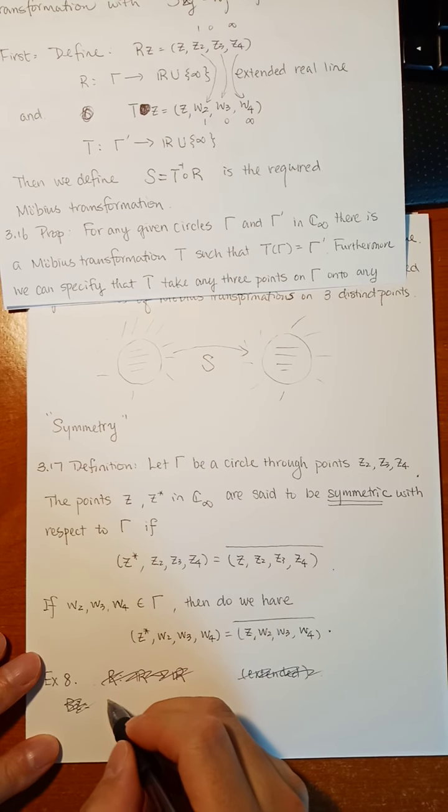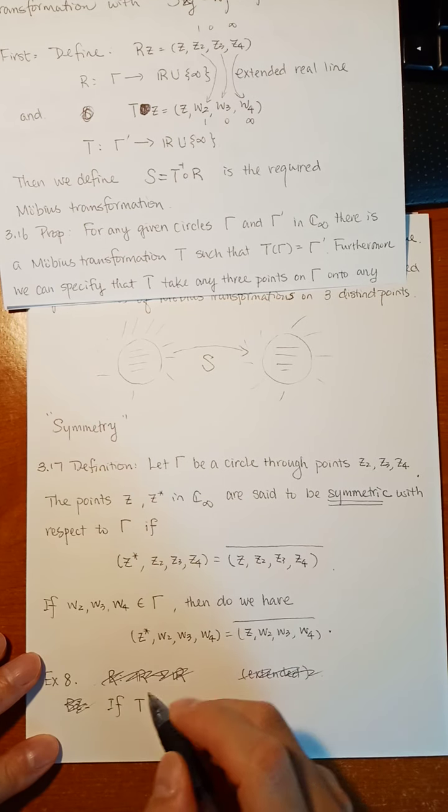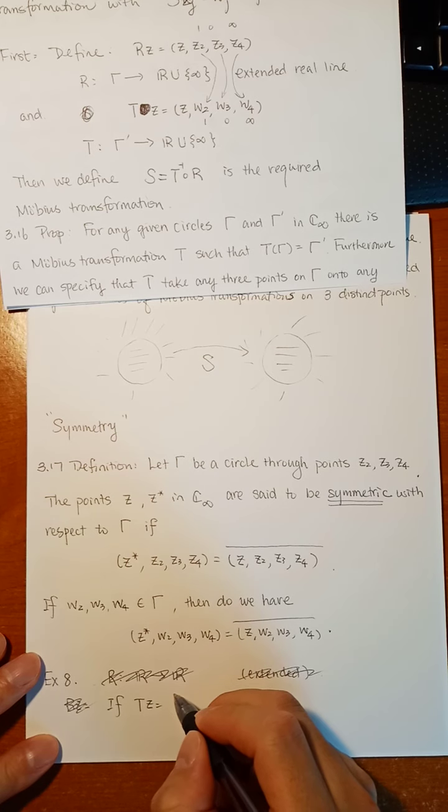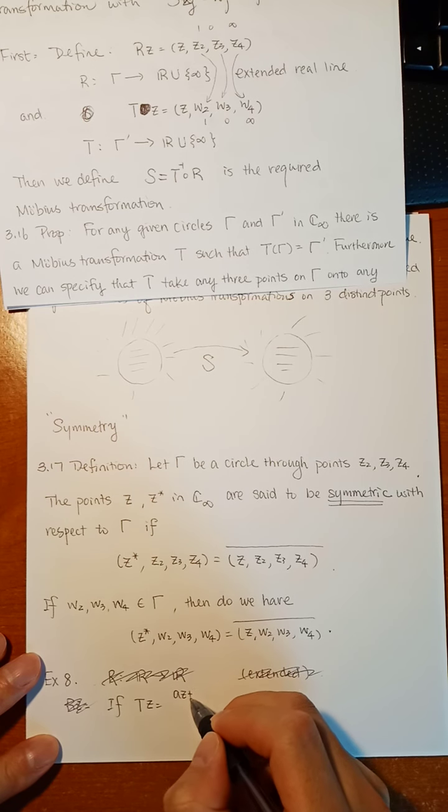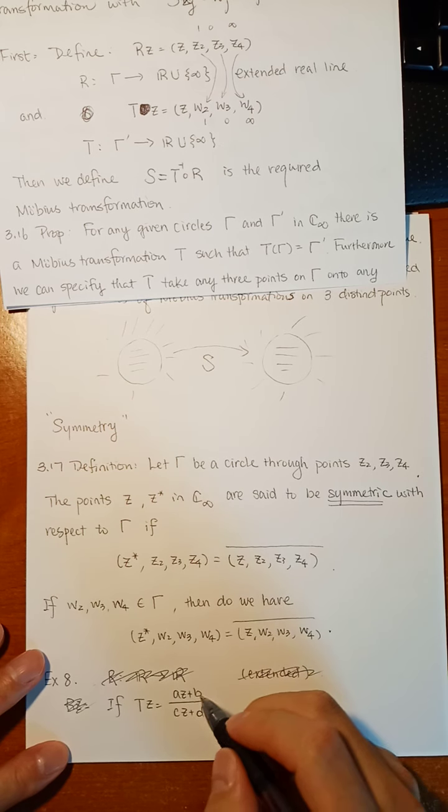If T of z equals (az plus b) over (cz plus d), this is a Mobius transformation.